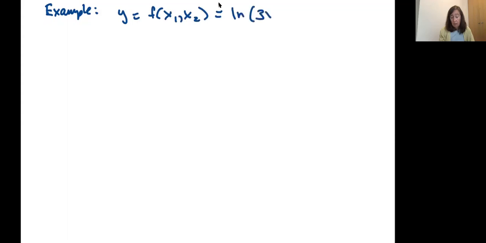And let's do the same example that we started with, where y equals, specifically, the log of 3x1 plus 2x2.